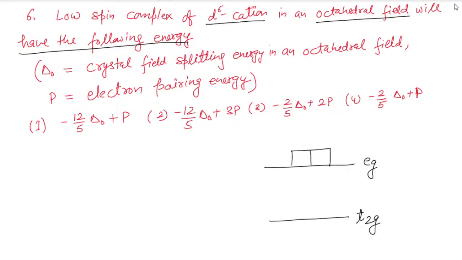In t2g there are 3, and now from that very center, this is the very center.